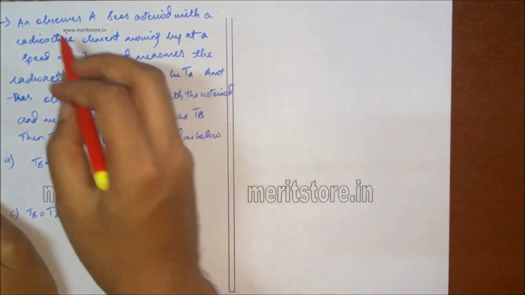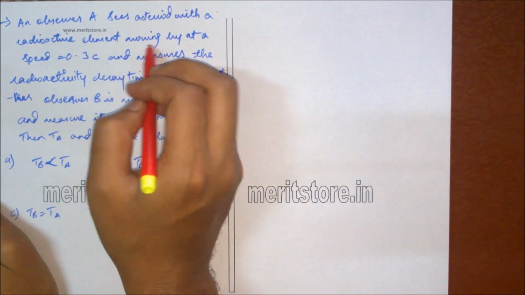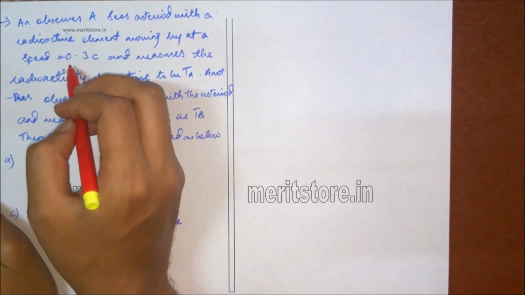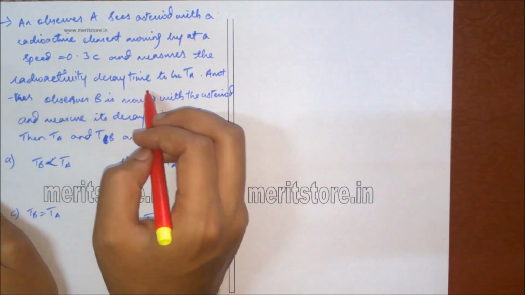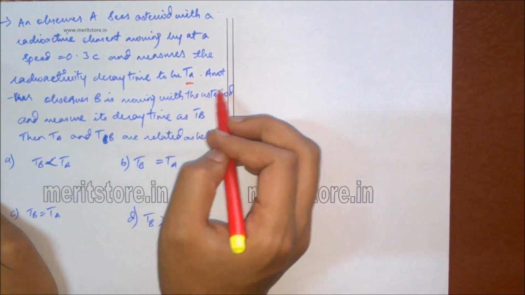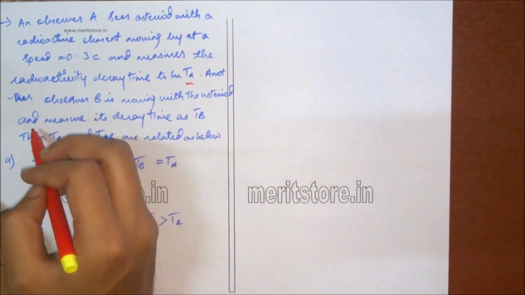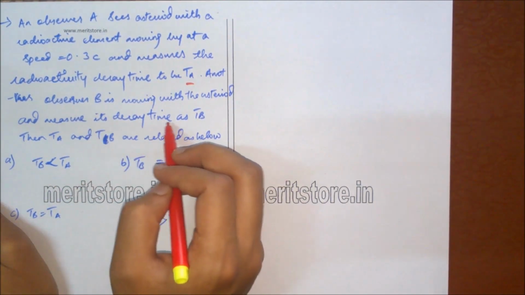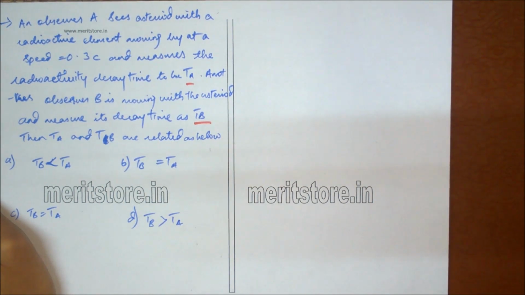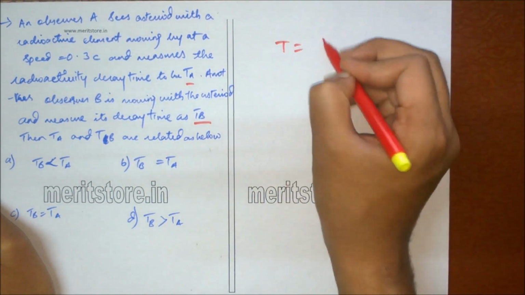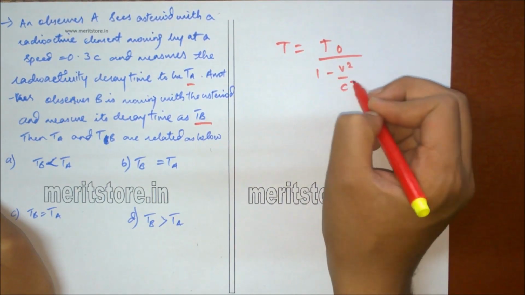An observer A sees an asteroid with a radioactive element moving by at a speed v equal to 0.3c, and measures the radioactive decay time to be Ta. Another observer B is moving with the asteroid and measures its decay time Tb. Then Ta and Tb are related as. We know that T is equal to T0 upon the square root of 1 minus v square upon c square.